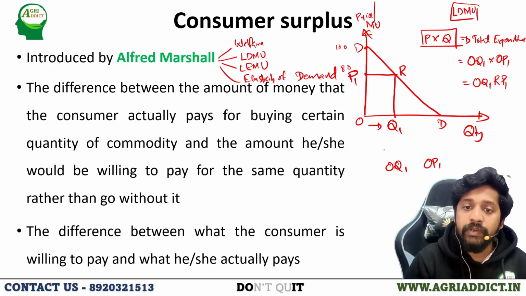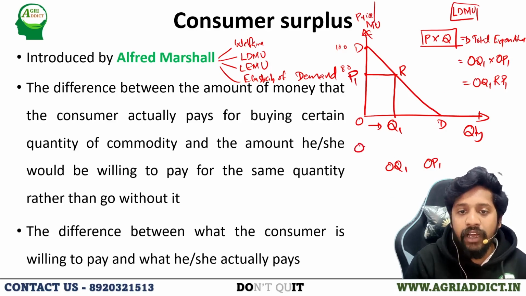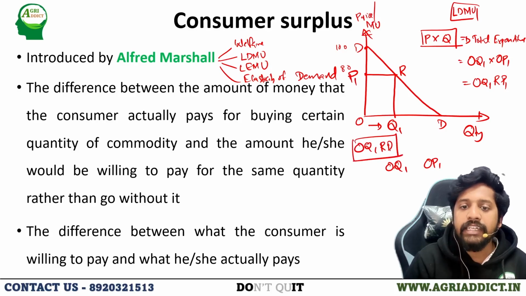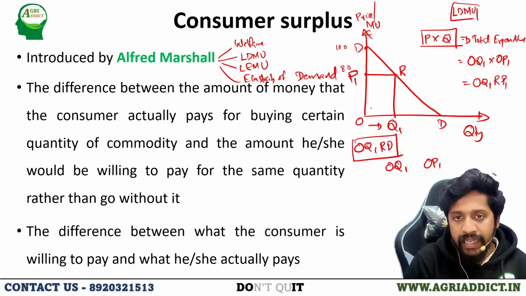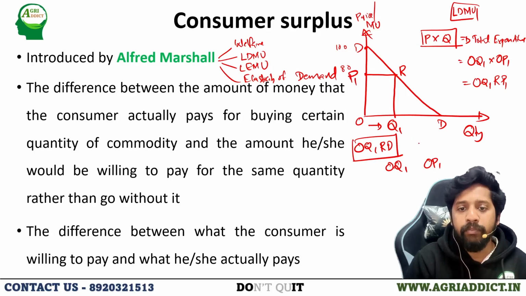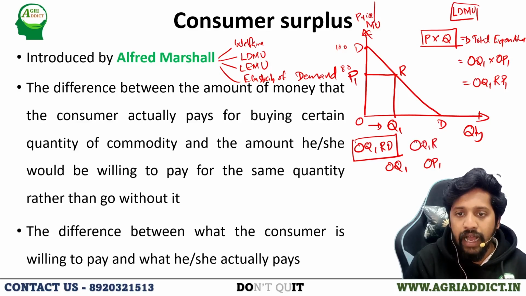That is the total expenditure he was ready to pay, OQ1RD, right? But he only incurred the area of this rectangle, that is OQ1RP1. So the difference can be considered as consumer surplus, right?